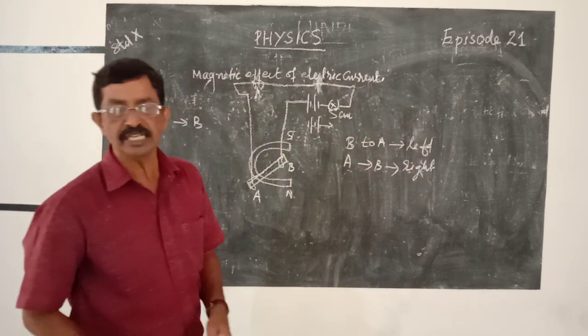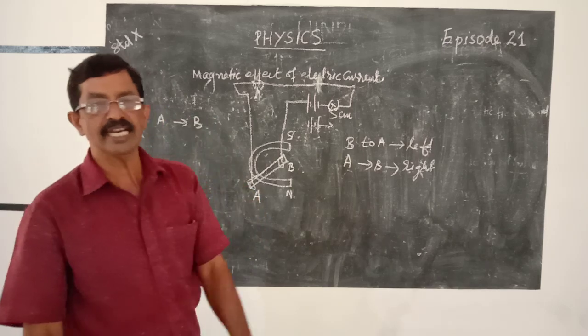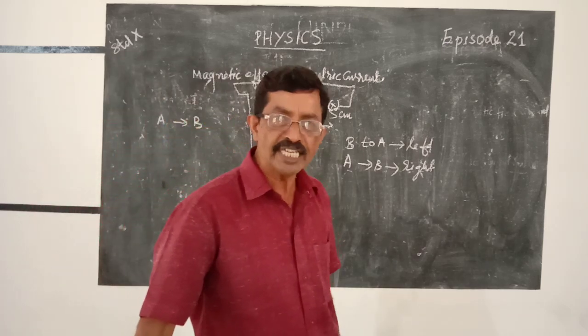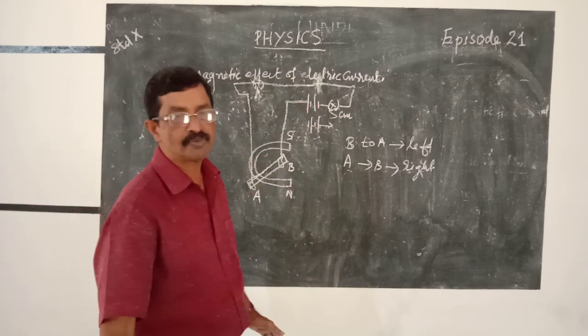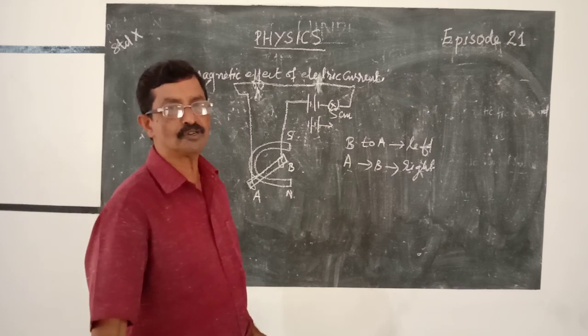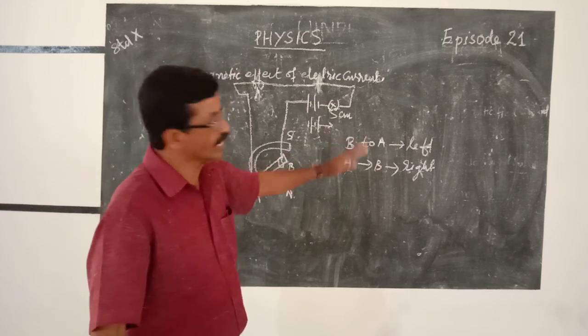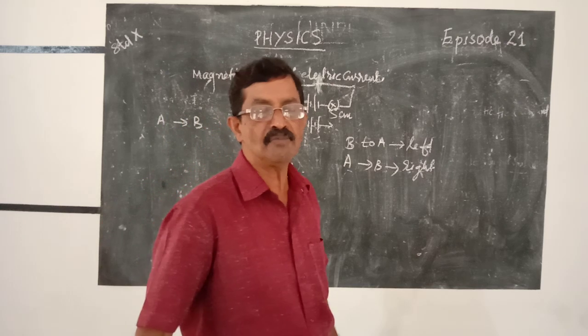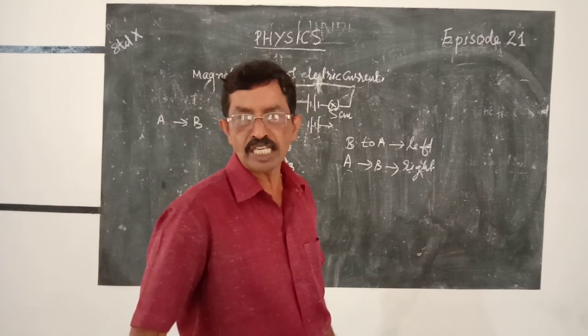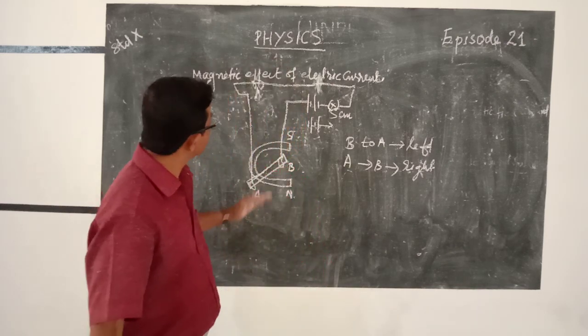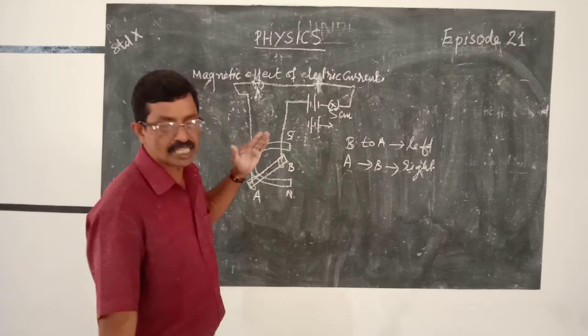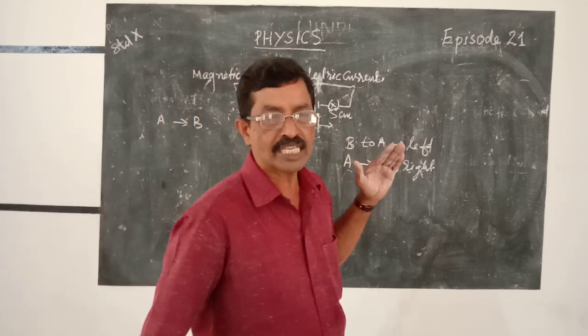This shows that a current carrying conductor placed in a magnetic field will experience a force, and hence that conductor moves. This was first observed by Maxwell.